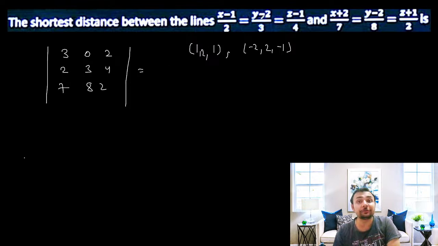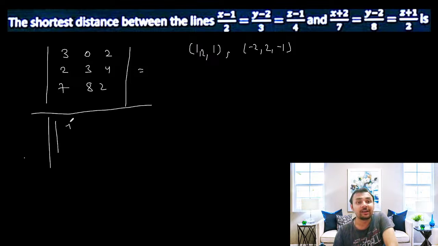The distance is the dot product of the connecting vector with A cross B, upon the mod of A cross B. So it is better to calculate mod of A cross B first. Mod of the determinant with i cap, j cap, k cap, 2, 3, 4, 7, 8, 2.